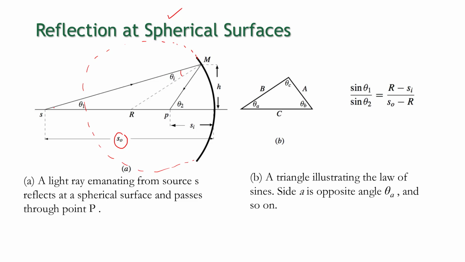So this light hits part of this mirror at this angle, theta I. If you draw a tangent line, this would be normal, or perpendicular, to that tangent line. This angle is with respect to that normal, and this would be the reflected angle. We can call that theta R, and theta R would also be equal to theta I from the law of reflection.